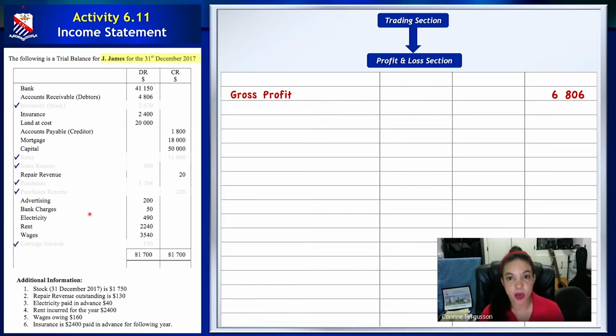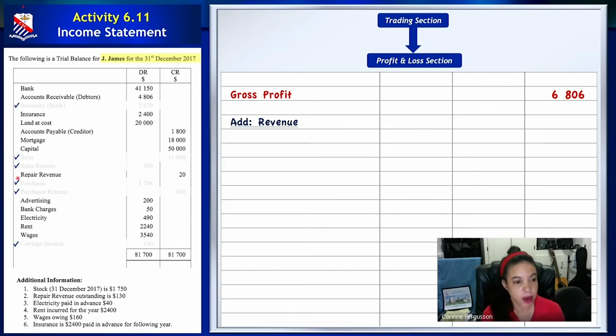So I just brought our gross profit down, and remember we had a gross profit of 6,806. And what we do next, what is the next step? You add revenue. So to know what to add, you have to go to your trial balance over on this side, and look for any revenue that you may find there. So is bank revenue? No. Accounts receivable? No. Insurance, land, accounts payable, mortgage, capital?